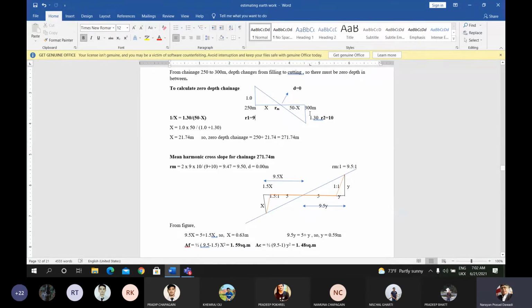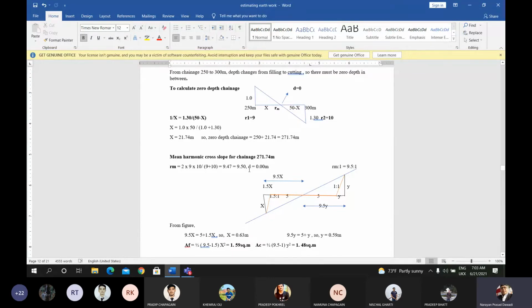R2 is the cross slope of the section 300 meter. Rm is the cross slope of the zero depth section. Okay, that Rm is calculated by using this formula 2 R1 R2 divided by R1 plus R2. This formula is used here, and the value of Rm will be 9.47. You can take this as 9.50, say the cross slope of this D equal to 0 will be 9.50 is to 1.